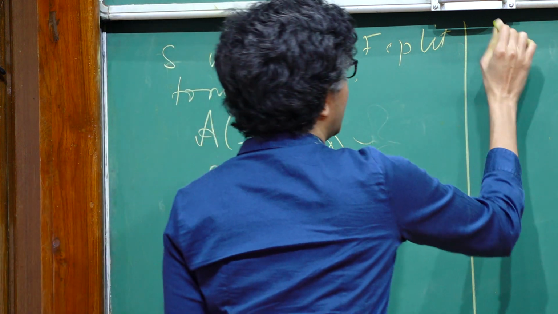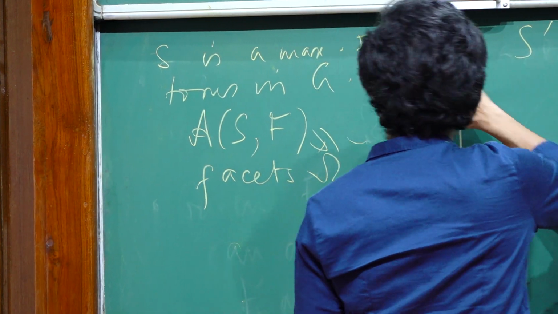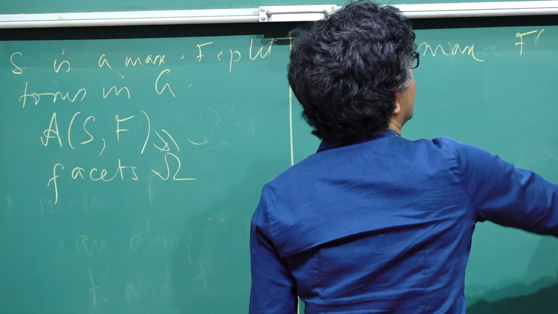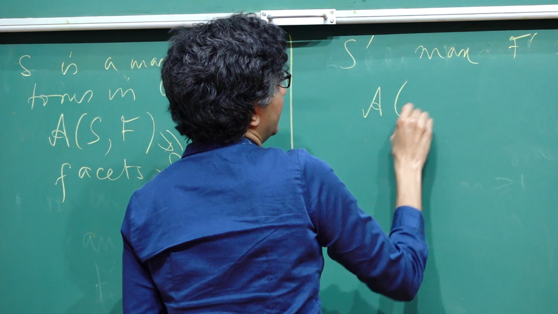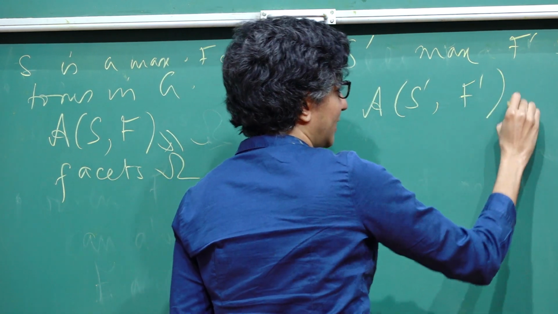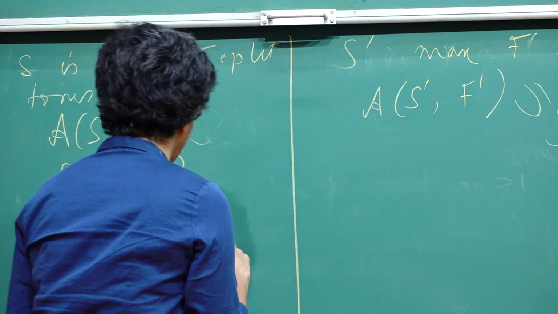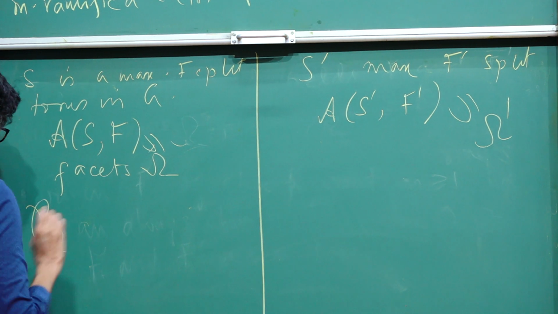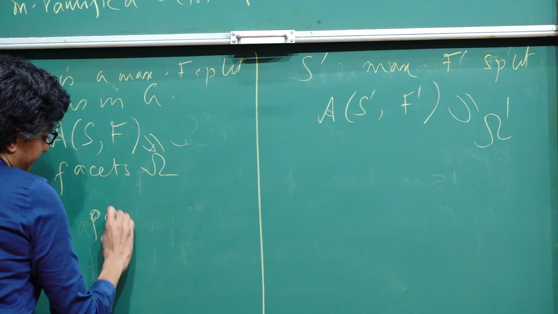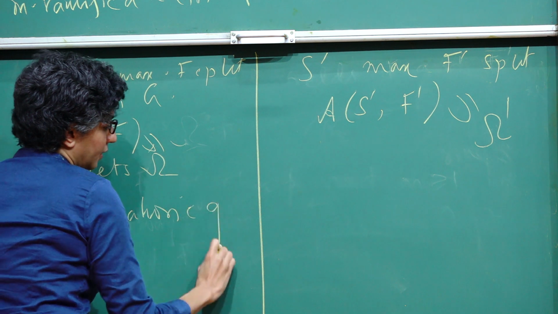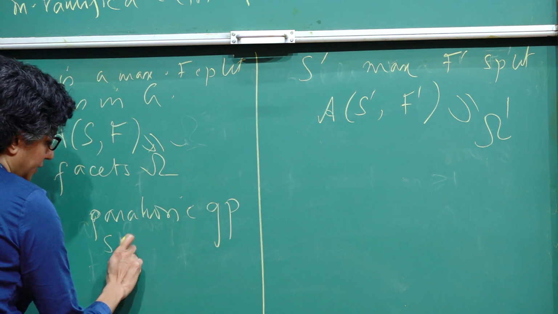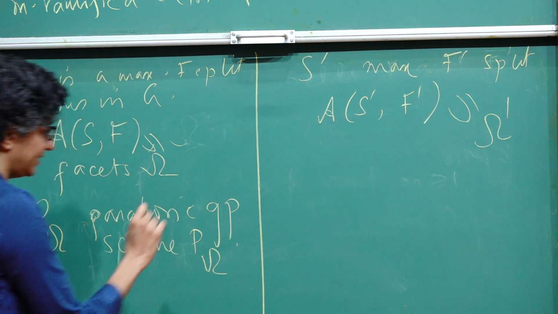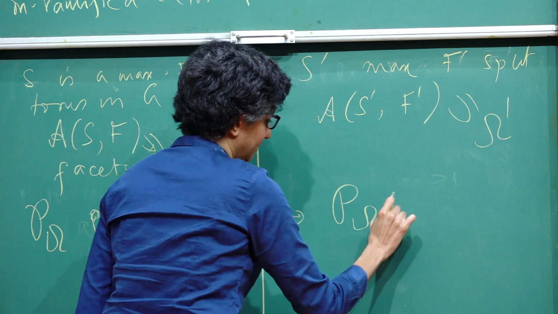And similarly, I want to pick up a maximal F prime split torus S prime and look at A of S prime, F prime, and then I have a facet omega prime here. I want to understand how these correspond. And then you can look at the parahoric group scheme P omega, constructed by Bruhat-Tits, and then you also have a P omega prime.